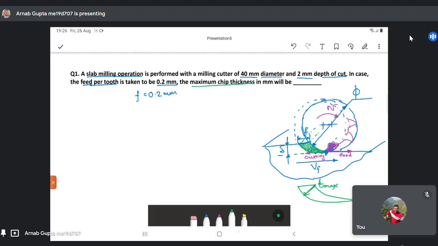So here you make an assumption that this particular arc can be approximated as a right angle triangle.